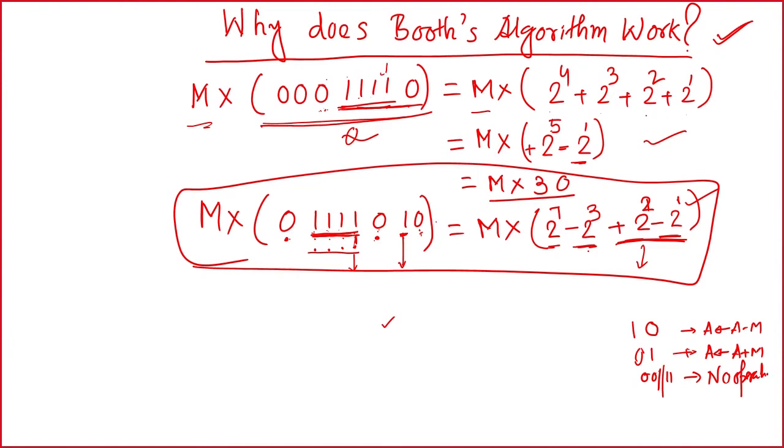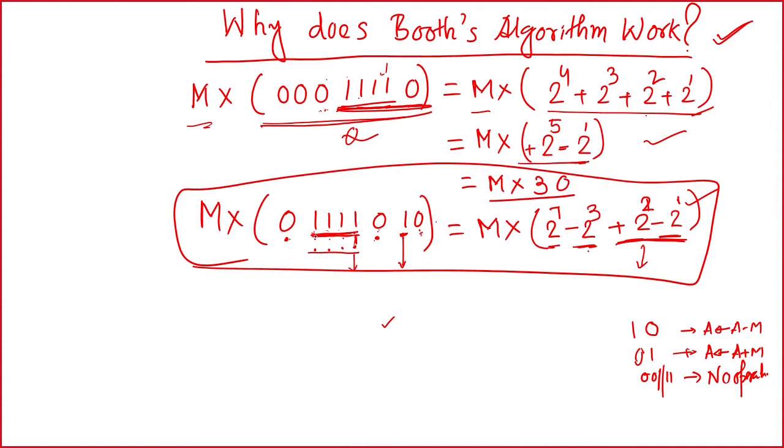So, suppose you have a positive number here, then we can easily write it, there is no issue here, but interestingly this can be written as 2 to the power 5 minus 2 to the power 1. So, whatever operation we do, it remains M into 30, that is the multiplier value. Essentially what we are doing here is 2 to the power 5 minus 2 to the power 1.